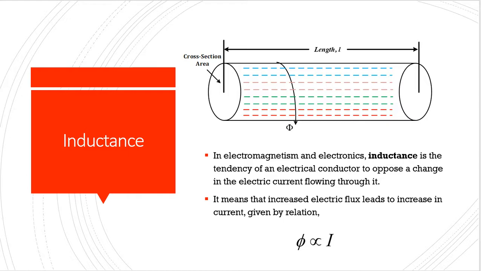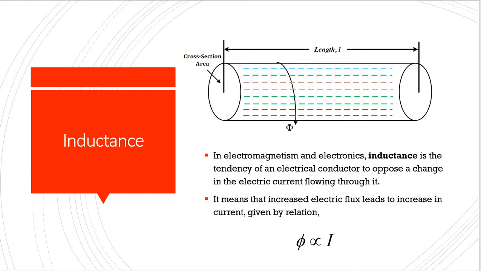Therefore, whenever the switch is turned off or the power supply is cut off, the inductor produces current from the stored current in order to oppose the change that has occurred due to turning off the switch or cutting off the power.